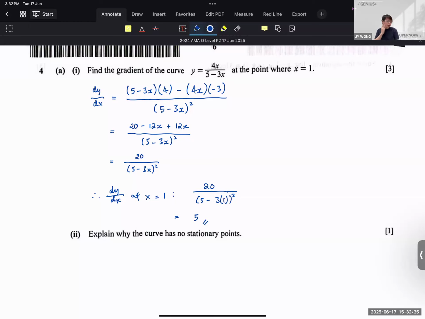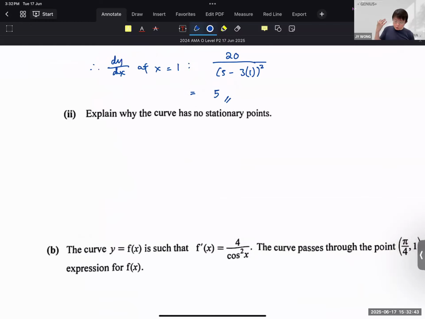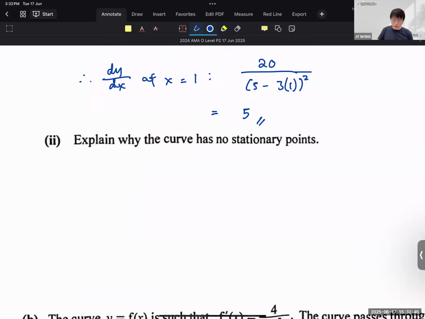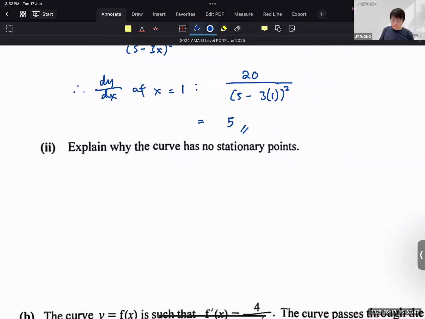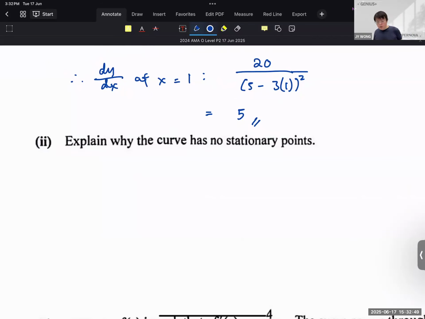Why? So I'm not inclined to give you the mark if you just tell me the dy/dx cannot be equal to 0. So the first thing that I will actually explain here is that, what is your denominator here? (5 minus 3x) squared, right?